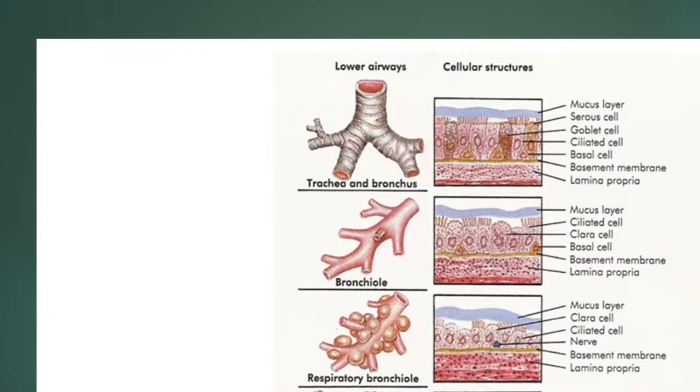Smooth muscle cells form crisscrossing bundles. And the fibrocartilage layer contains only isolated islands.